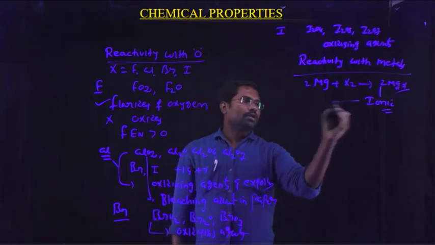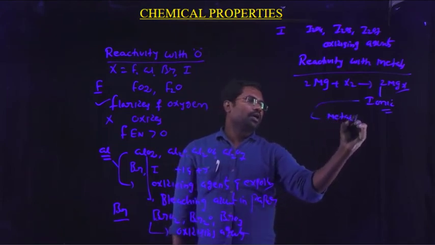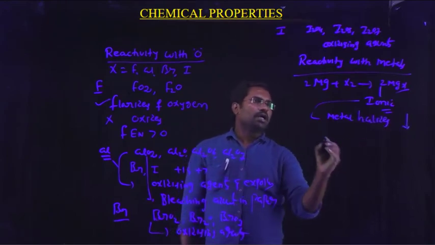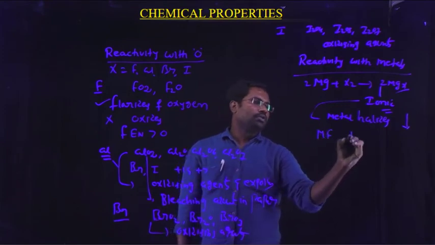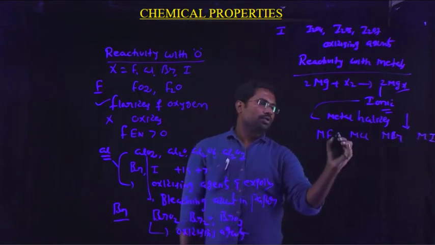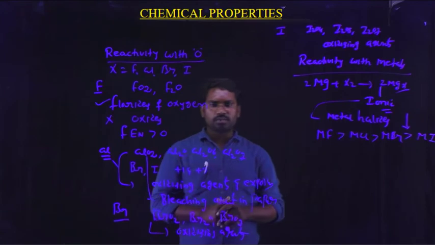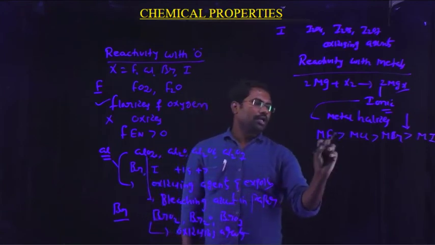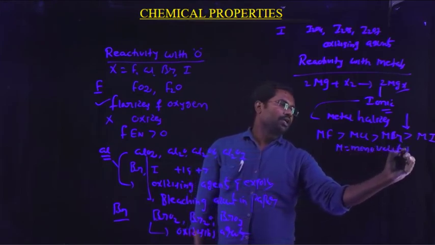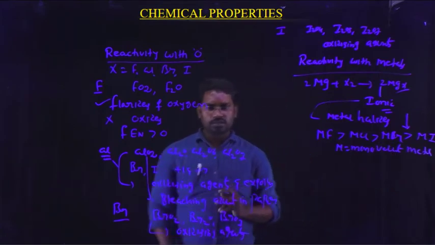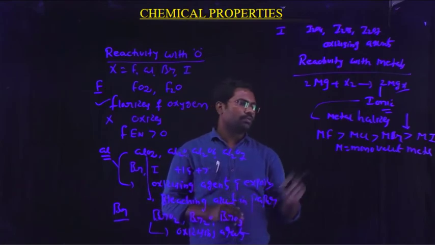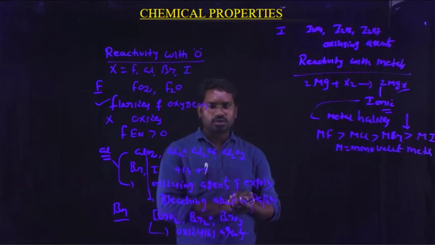The ionic character of metal halides decreases in the order of fluorine, chlorine, bromine and iodine, that is MF, MCl, MBr, MI, where M is a monovalent metal. Therefore the ionic character decreases from fluorine to iodine due to their electronegativity.